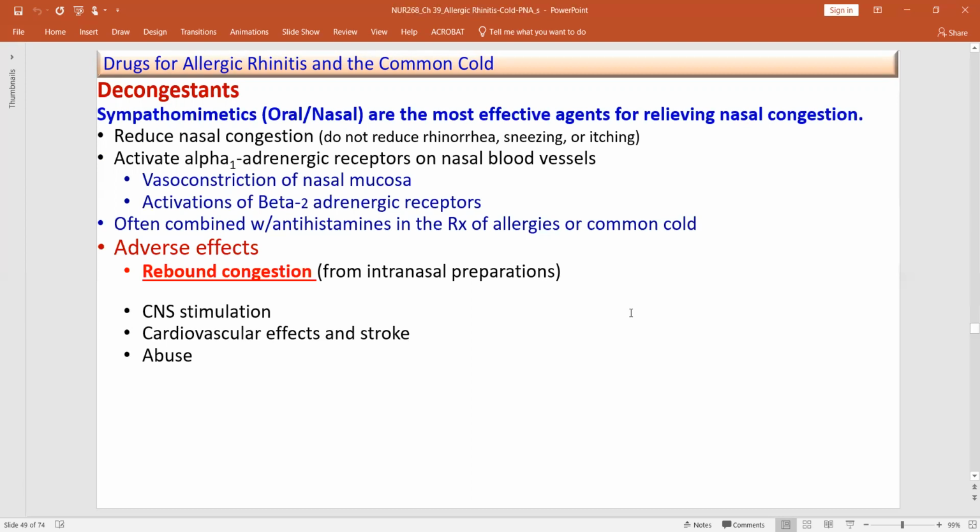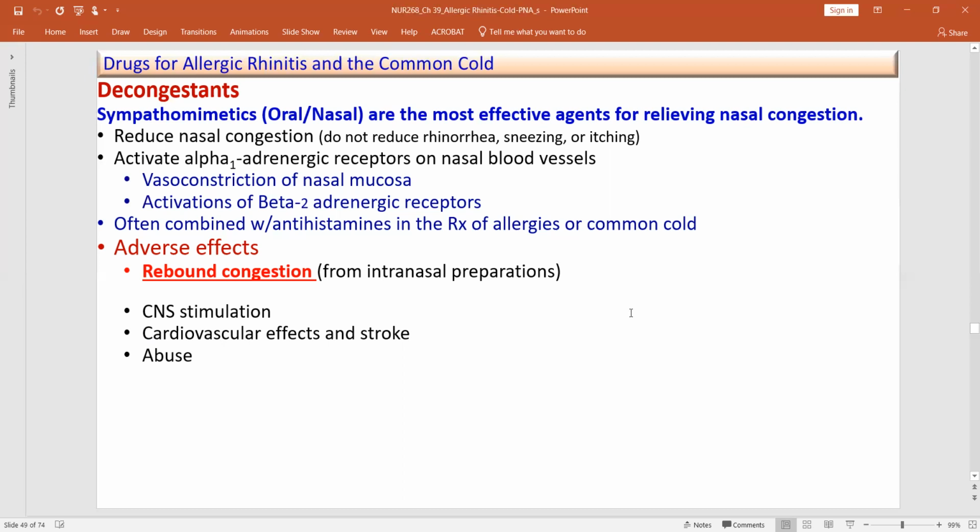The result of this vasoconstriction of the nasal mucosa is shrinkage of mucosal swelling. It will relieve the swelling of the nasal mucosa. The activation of the beta-2 adrenergic receptors will cause some bronchodilation. It's often combined with antihistamines in the treatment of allergic rhinitis or common cold.